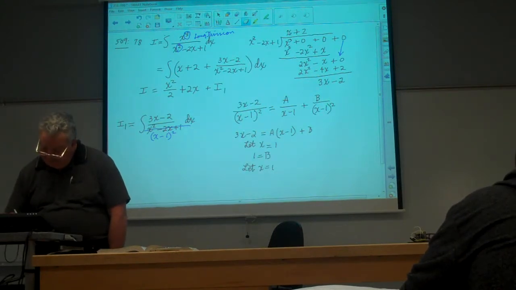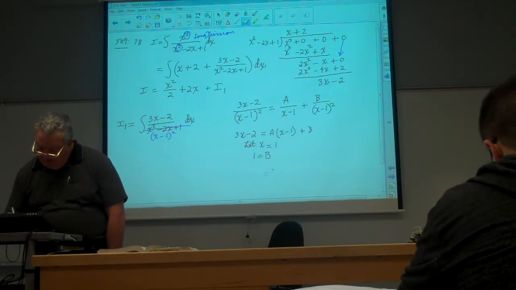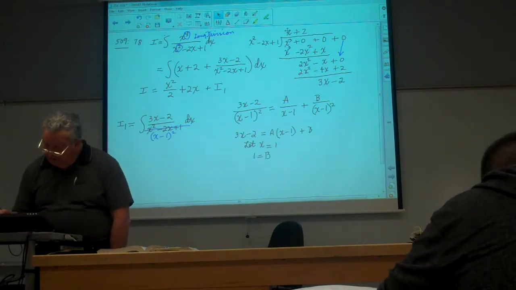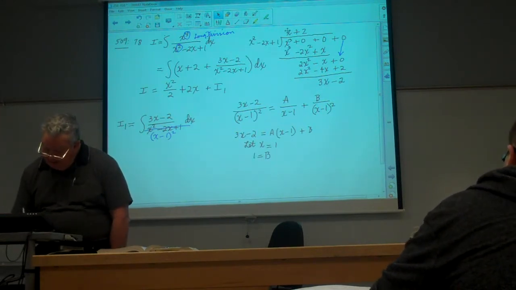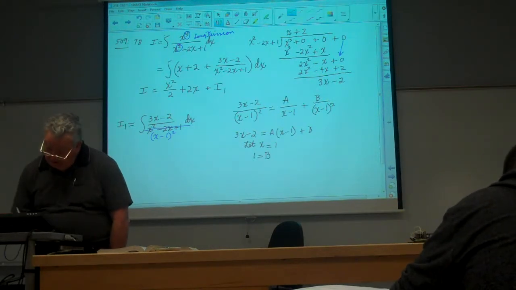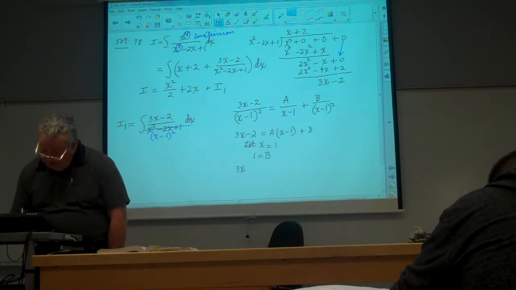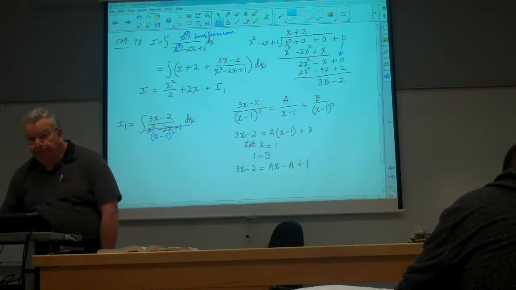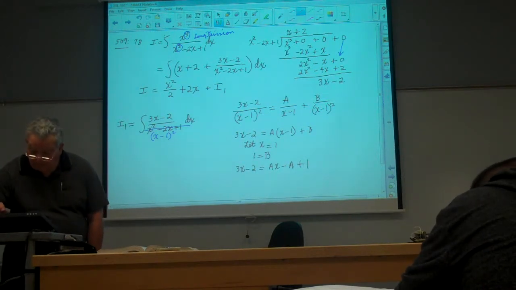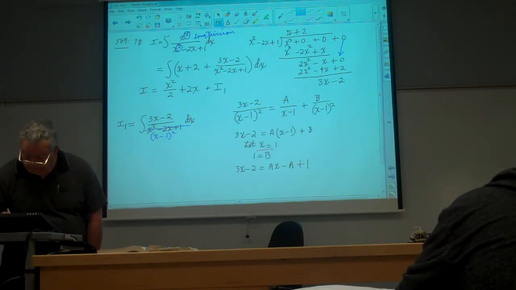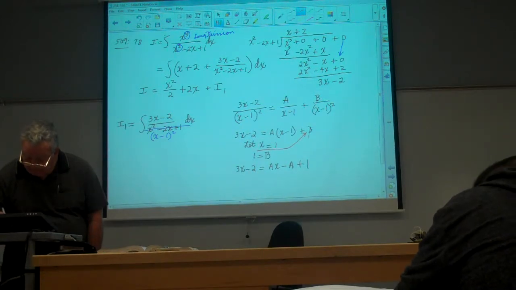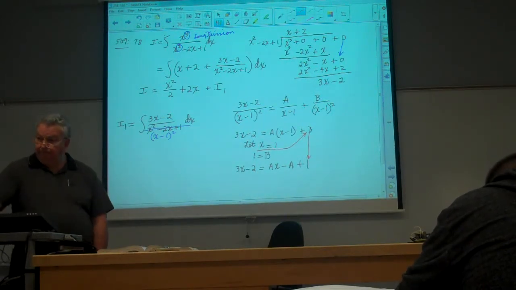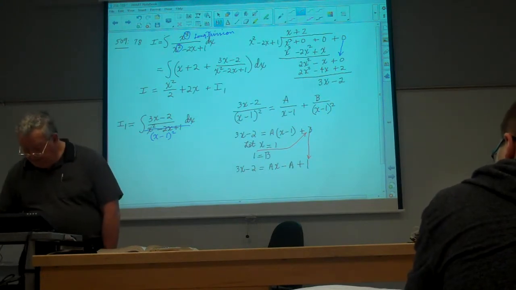No, I don't want to do that anyhow. I'm going to now substitute that in, and I'm going to say 3x, this is a better way to do it, is equal to ax minus a plus 1.